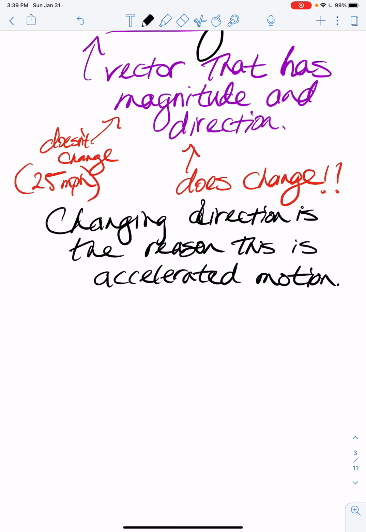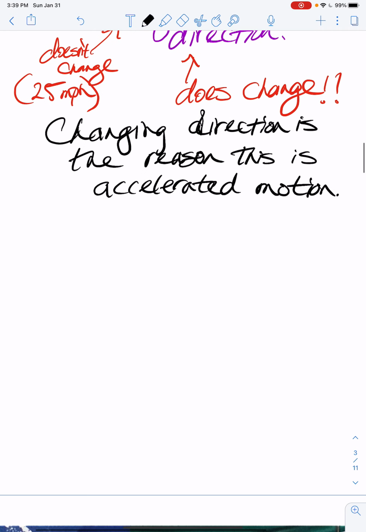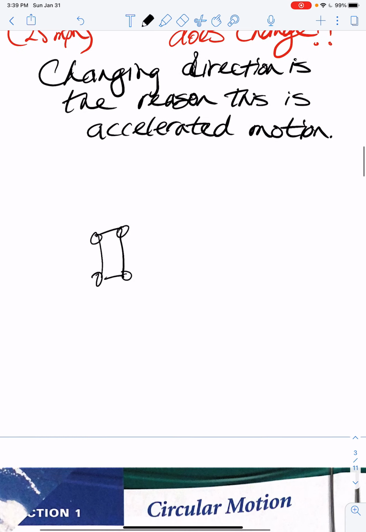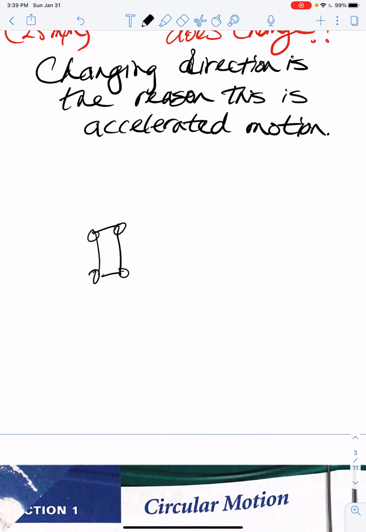Okay, so what we're saying is that there has to be a center seeking acceleration in order to turn in a circle. And this is confusing. Because let's say you're traveling in your car and you're about to turn off of Redmond into the school, right? So you're going to make a right turn. You're right by the tennis courts.